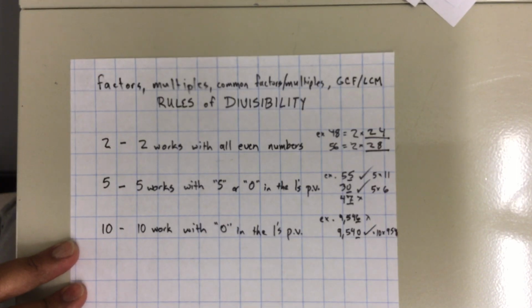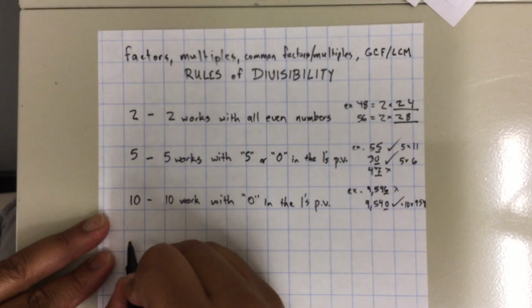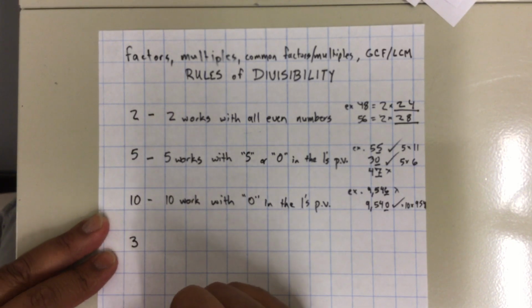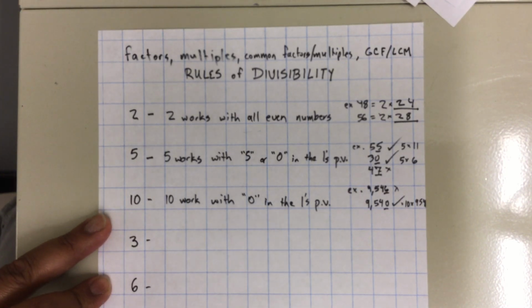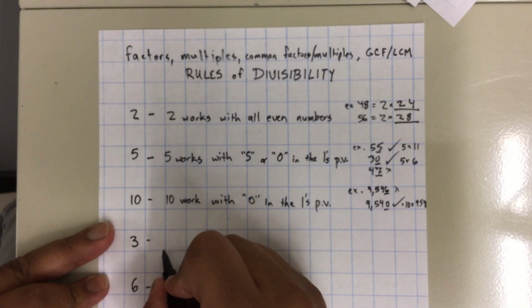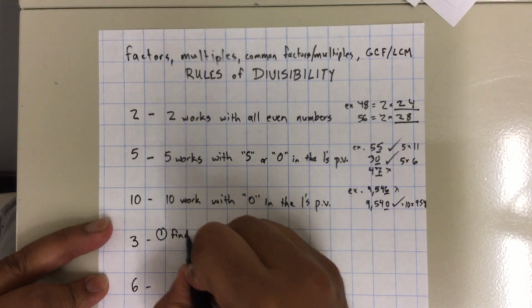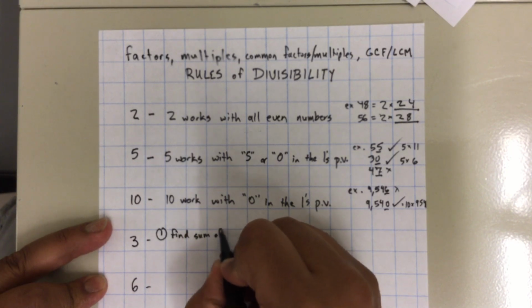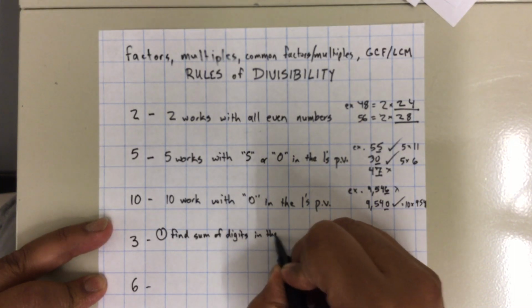All right, now the new ones, the ones that are 4th grade rules of divisibility. We've added in rules for 3, and we've added in rules for 6. 3 is going to work with kind of an odd trick. I have no idea how they found this out. Somebody with better observational skills than me realized that what you do, step 1, is you find the sum of the digits in the number.